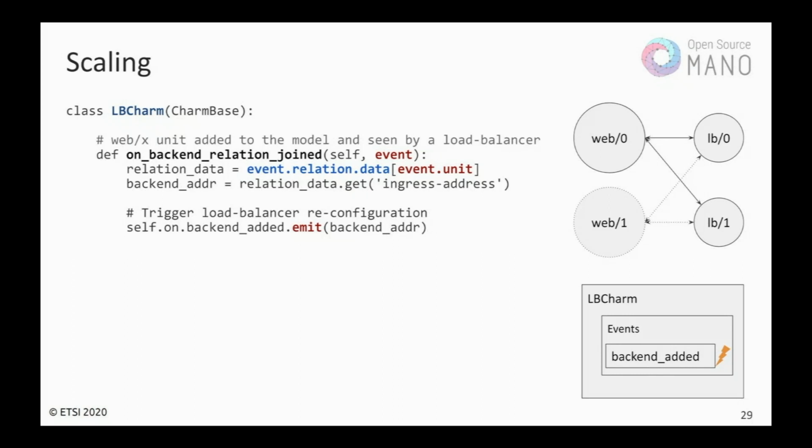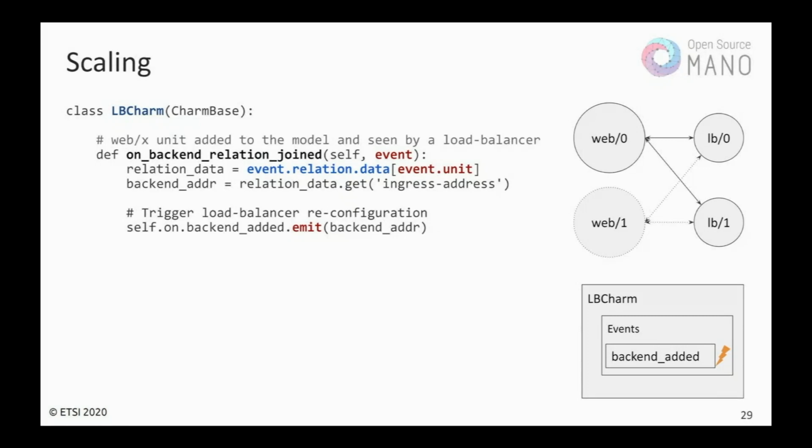workloads on the backend. So if you think about your load balancer charm, it would have high-level events such as the addition of a backend, and you'd want to handle those.